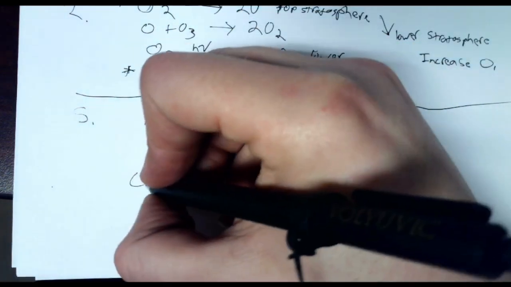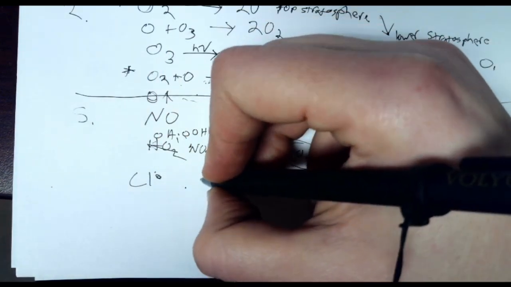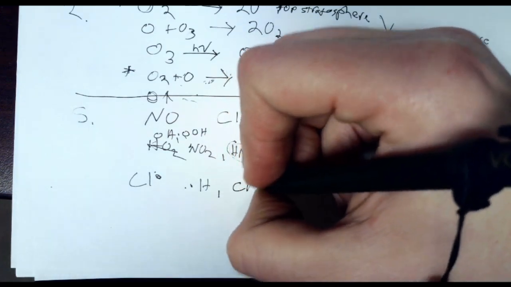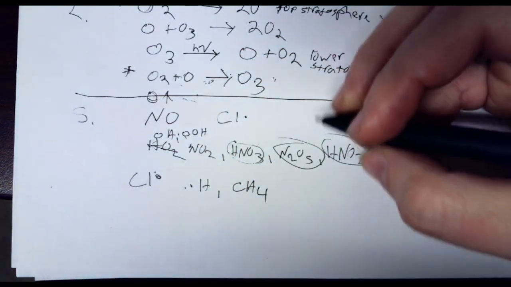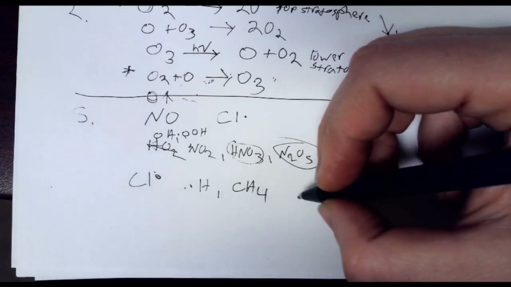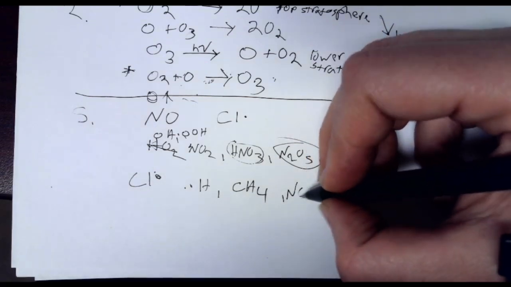Now, as far as Cl radical, the reactive molecules are largely methane and proton radicals can react with these guys, as well as NO2.